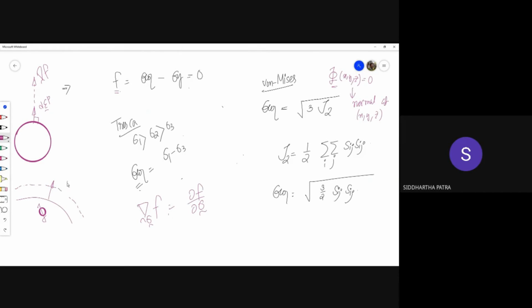Let's say this is phi plus d phi. It's a parallel surface, you can imagine.